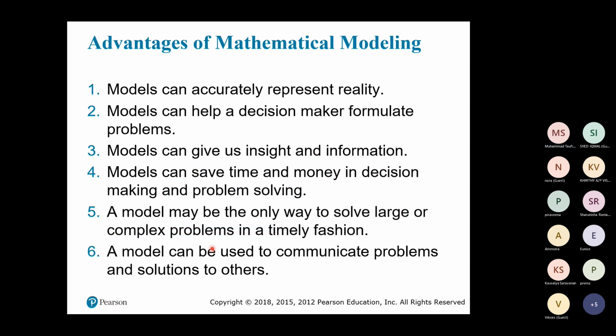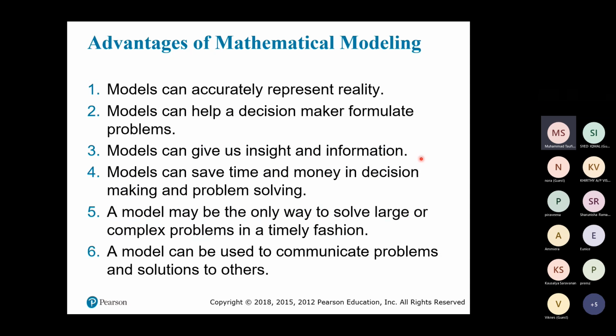So what are the advantages of mathematical modeling? Why do people use mathematical modeling to represent their problem? A model can accurately represent reality, so you can use a mathematical problem to accurately represent the real problem in the real world. A model can help a decision maker formulate the problem and give us insight and information.